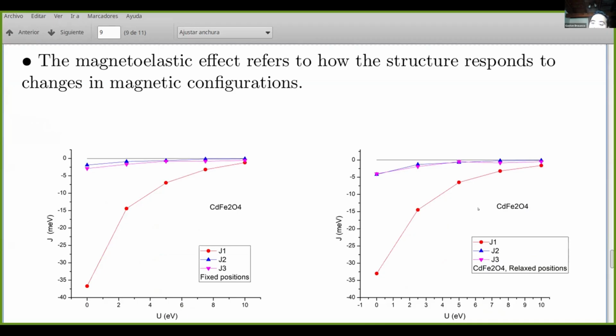And here we can see cadmium chromite with relaxed atomic positions. In both cases, the graphs are very similar. This implies no magnetoelastic effect in this case. For the other compounds, we have the same behavior.